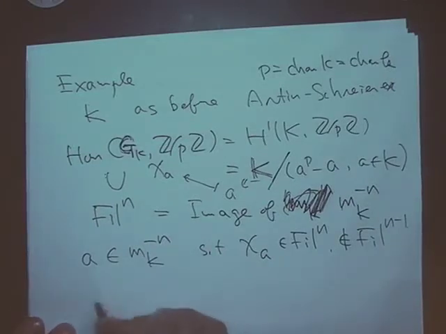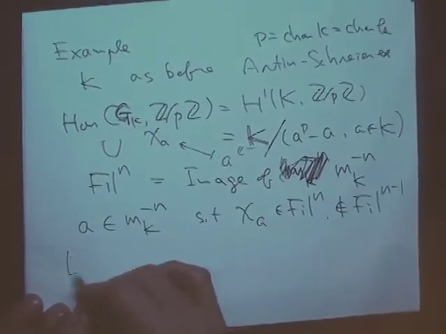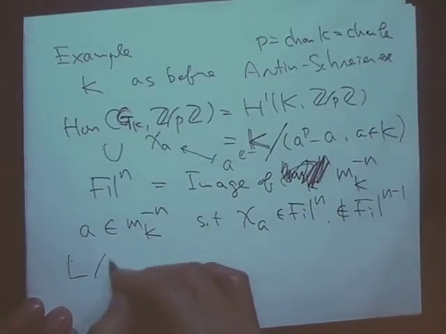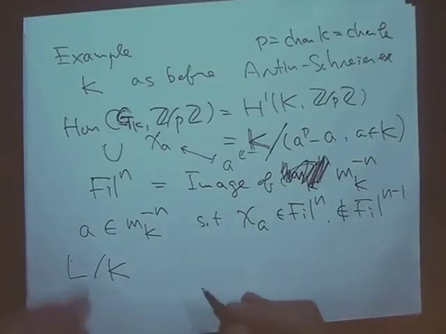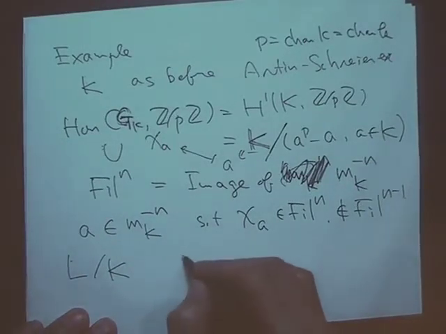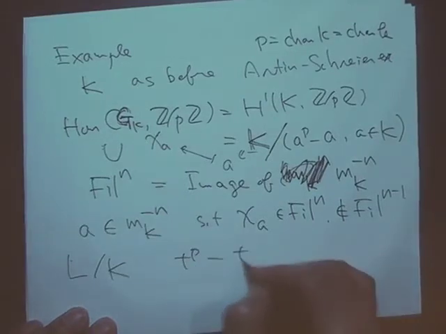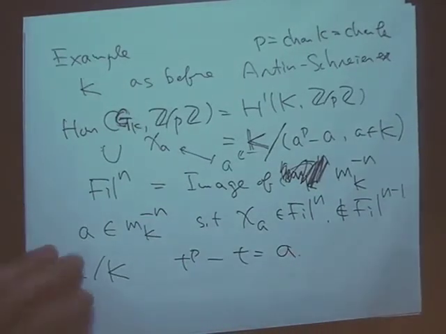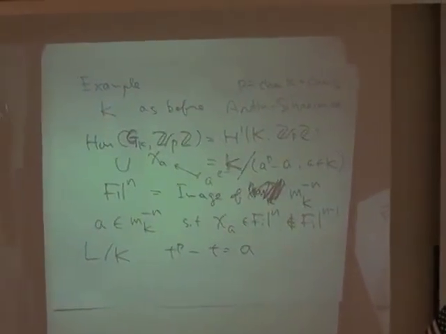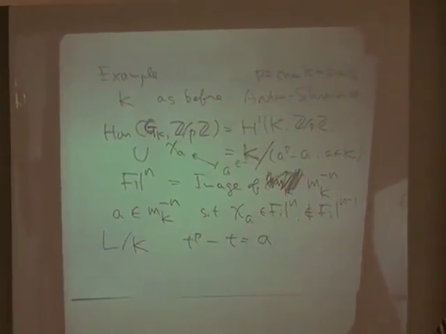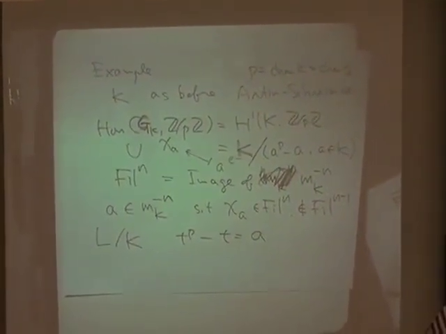Then let L be the finite cyclic extension of degree p defined by this Artin-Schreier equation. And the Galois group is isomorphic to Z mod pZ.